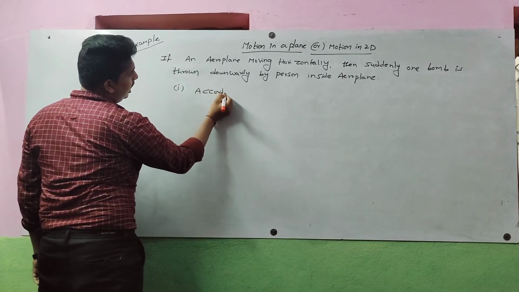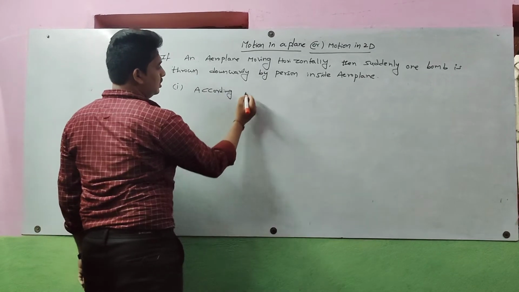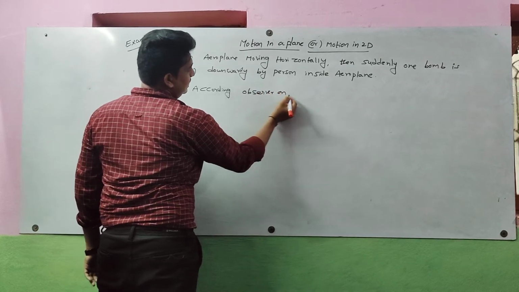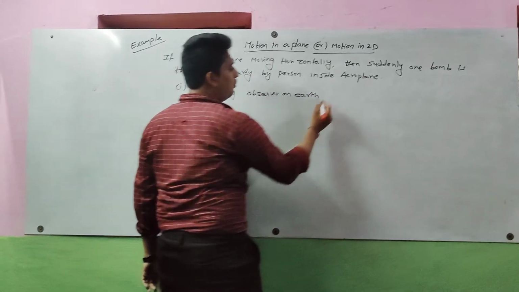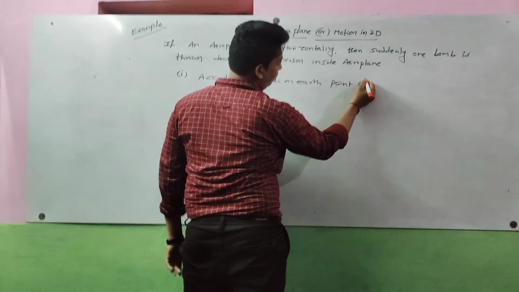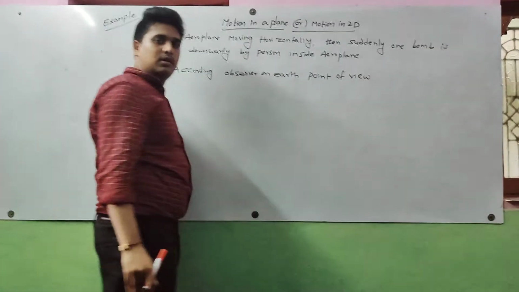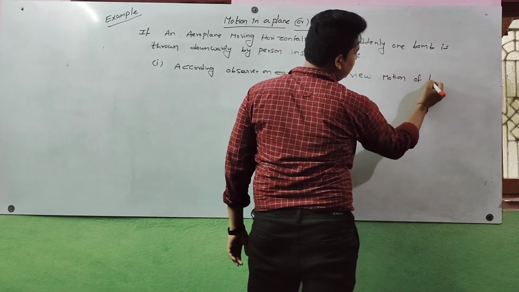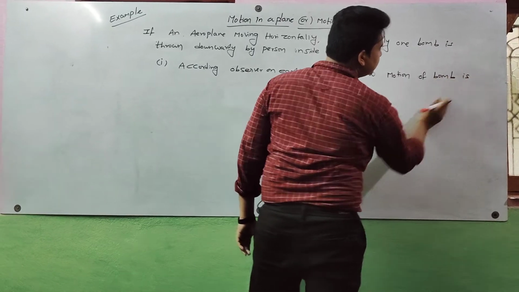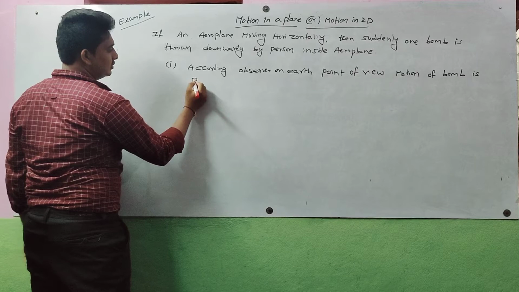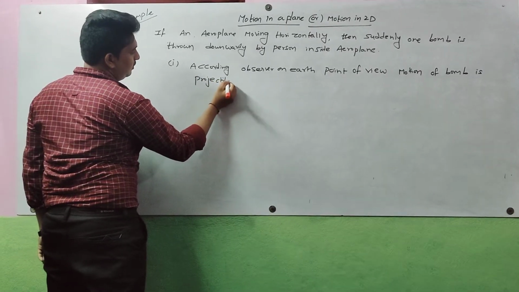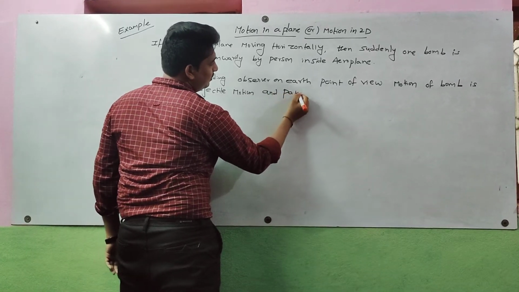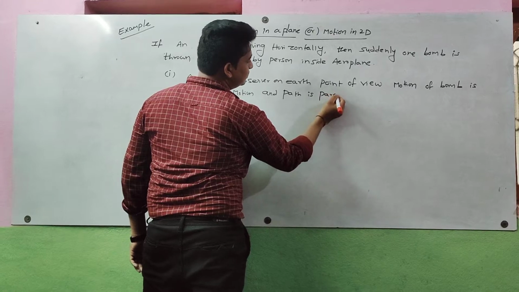Here, first point. According to the observer on earth, the motion of the bomb is projectile motion, and the path is a parabolic path.